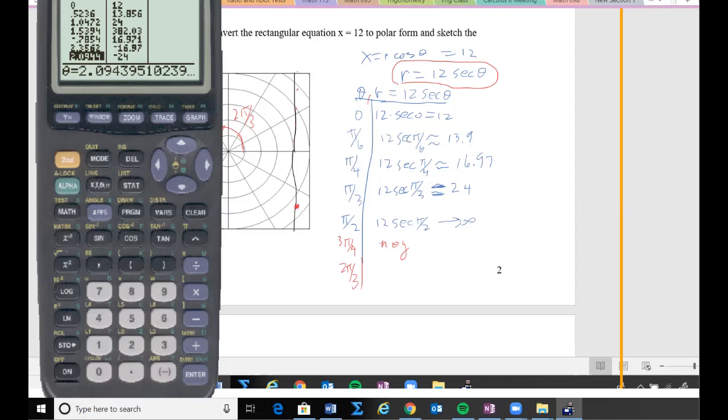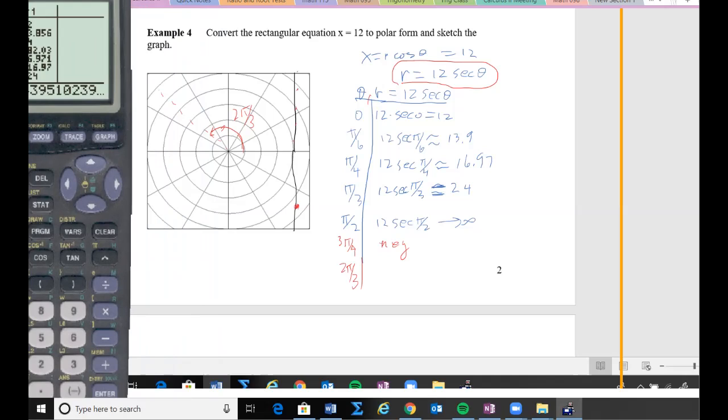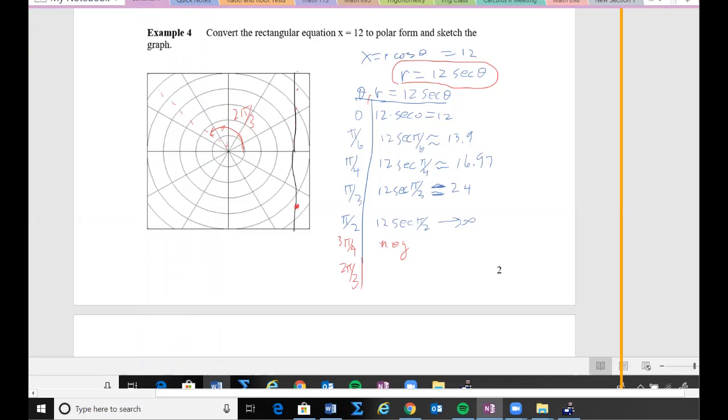Funny thing about it is, if you trace the graph of it, it's coming in way out over here. In other words, here's the 2 pi over 3, and your number's way down here.